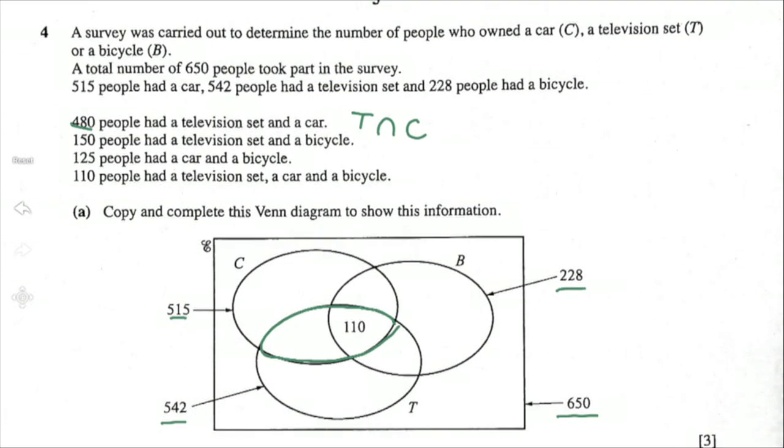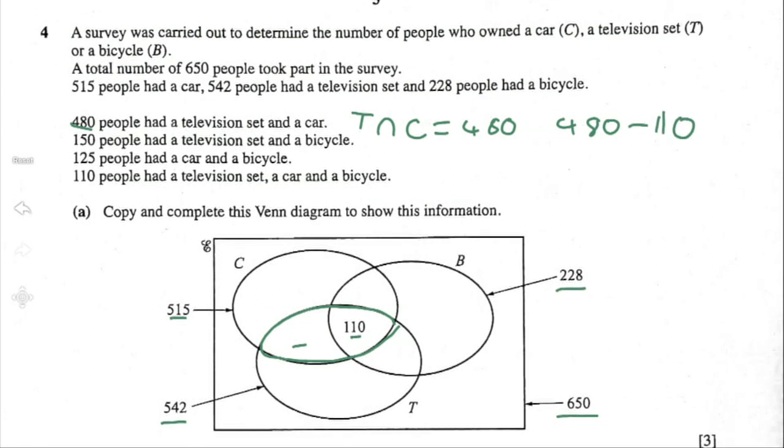So that's the intersection of the two sets, T and C there. The total number of people within this set should be 480. But you are already given this 110, those people who owned all three. So in order to get the number of people in this space, we'll say 480 minus 110.